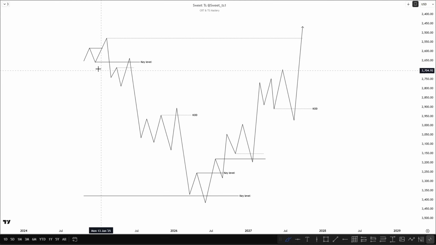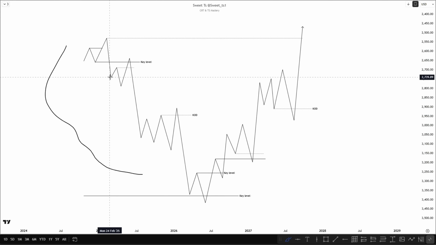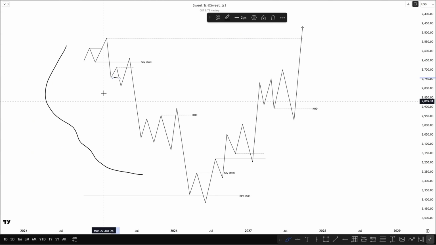So if you pay attention, trading into the key level, you see this here. We are using a liquidity pool. We have the low, we have the key level, we have the target here, and probably lower.